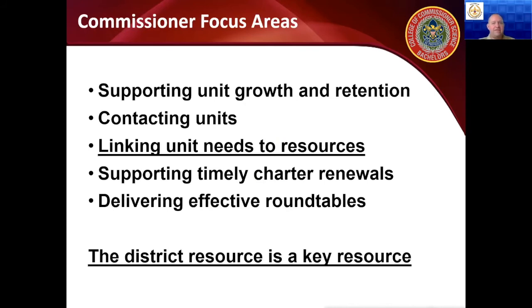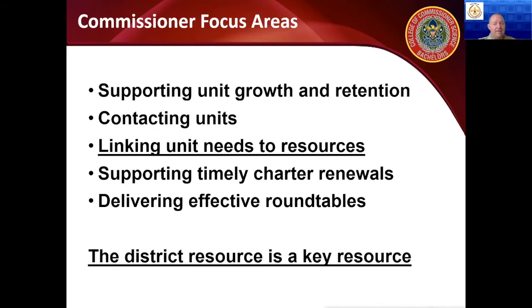As a commissioner, we have many tasks and responsibilities, but if you take a higher look, they all fall within the 5 key focus areas: supporting unit growth and retention, contacting units, linking units' needs to resources, which we're talking about today, supporting timely recharter renewals, which we just got through talking about earlier, as well as delivering effective roundtables.